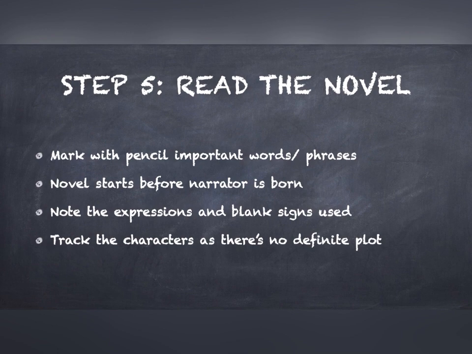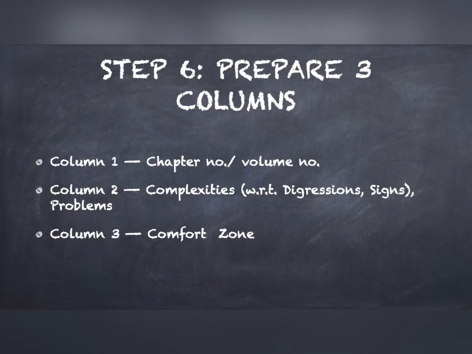Then step number 6, we need to prepare 3 columns. In column 1, please place the chapter number and the volume number. In column 2, you write the complexities or the problems in the novel with reference to digressions. There are signs. So whatever problem is there in the novel, you have to write in points, and then you have to track the points, which are the complexities in the particular novel.